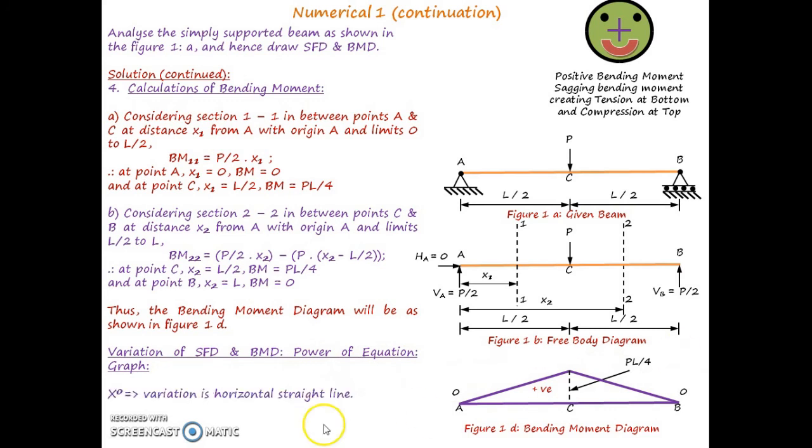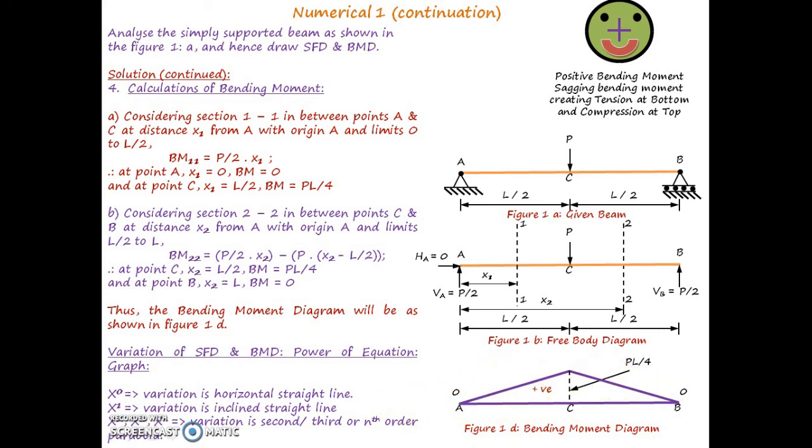The graph will be a horizontal straight line if the power of x is 0, and if the power of x is 1, the variation will be an inclined straight line. If the power of x is 2 or 3 or n, then the variation is a second or third order parabola. So that is to be understood.